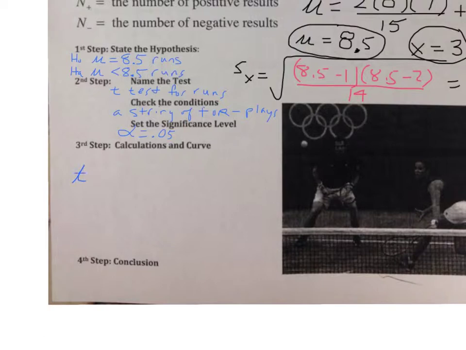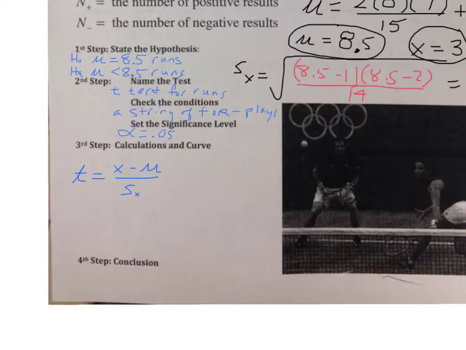But in this case, we have to actually use a slightly different formula for t. And actually, that's why I made a mistake on the board yesterday when I wrote that down. The t we usually use is x hat minus mu over the standard deviation divided by the square root of n.